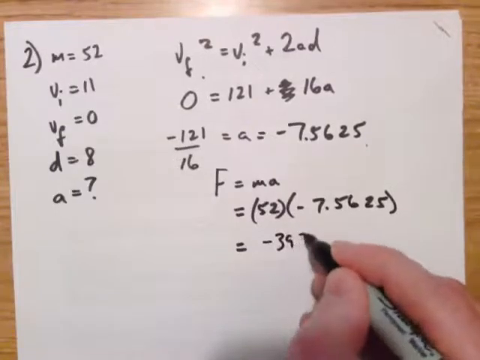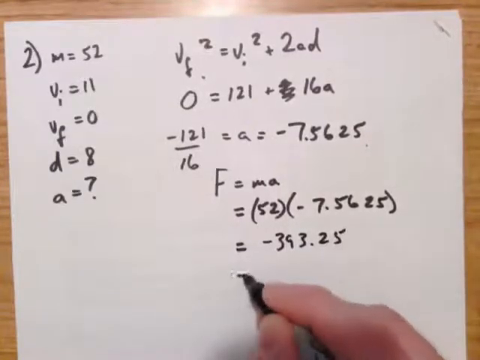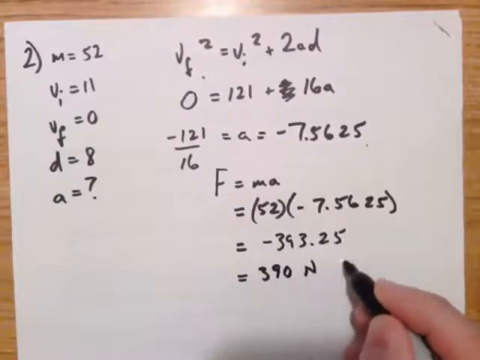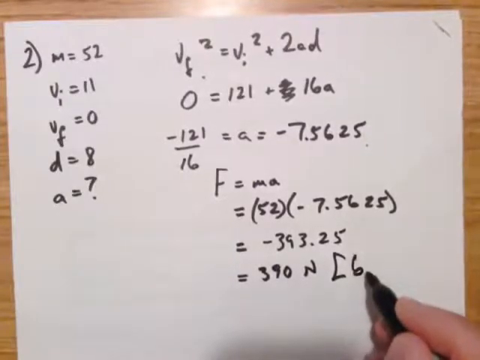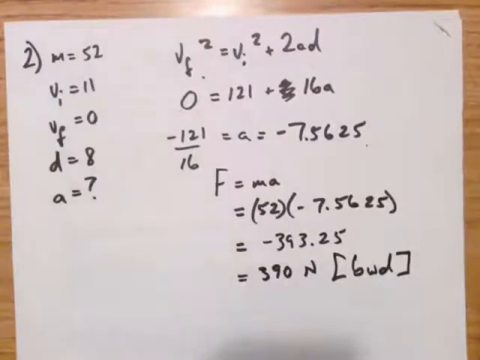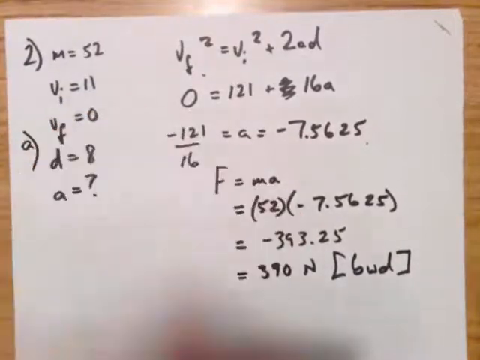Negative 393.25, which equals, with 2 sig figs, 390 newtons, and it'll be backwards, opposing motion. Is that the short version of backwards? Yeah, it is. I just decided. That's 2A.